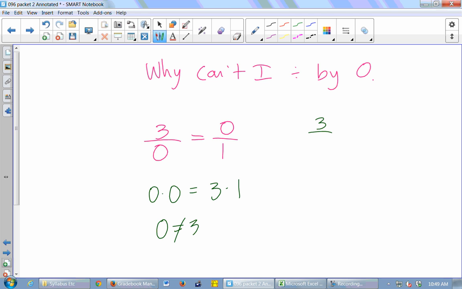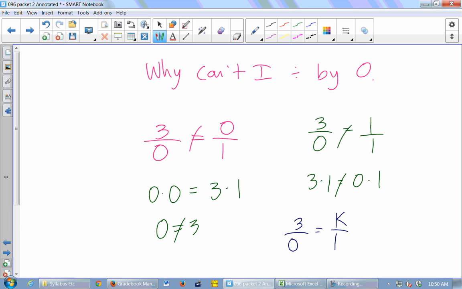Somebody suggested 1. Cross multiply that and you get 3 times 1 equals 0 times 1. Is that possible? Nope. So that can't be true. What if I pick some other number? What if I do like 3 over 0 equals some number that I don't know? We'll call it k, right?